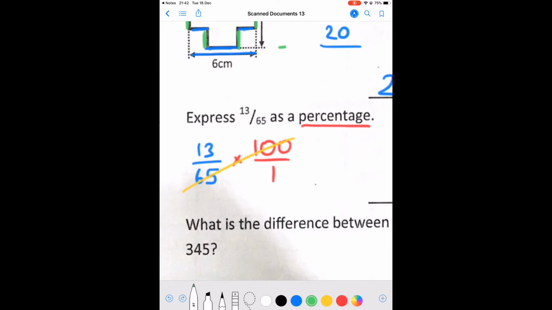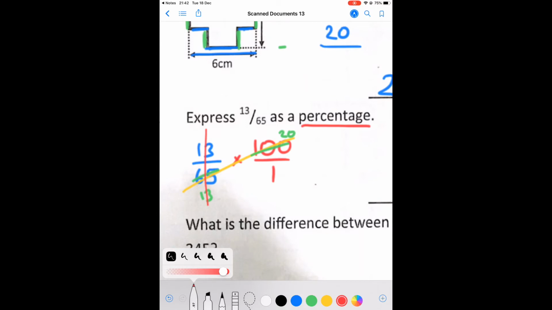So let's get ourselves a green pen. 65 and 100 in this diagonal, I can divide them both by 5. 65 divided by 5 gives me 13, and 100 divided by 5 gives me 20. Remember, we are allowed to do multiple cancelling, so we can cancel diagonally and vertically.